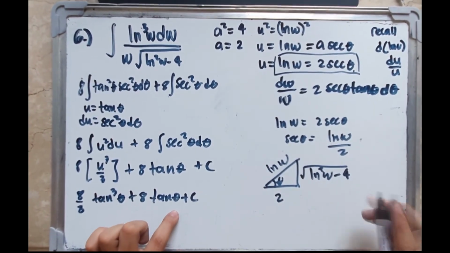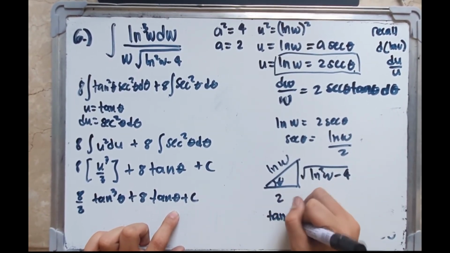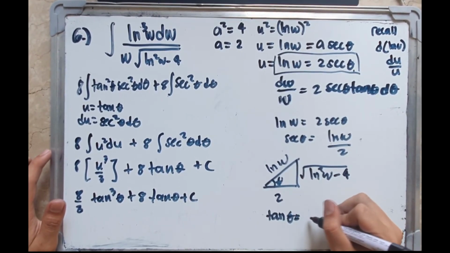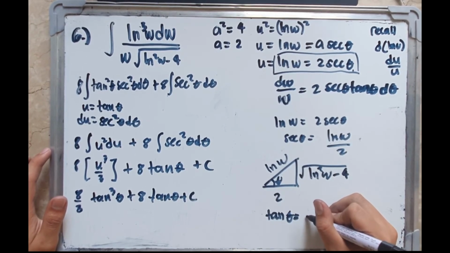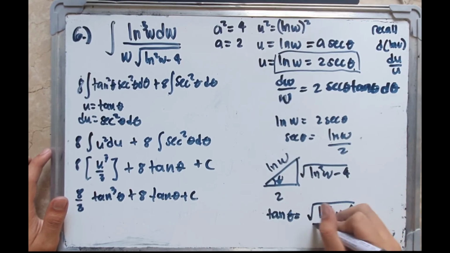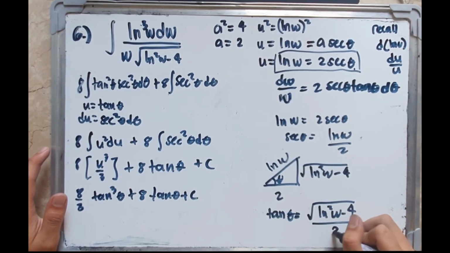So now let's have tangent. What is tangent theta? Tangent theta is opposite over adjacent. So we have the opposite, square root of ln squared w minus 4, over the adjacent, which is 2.